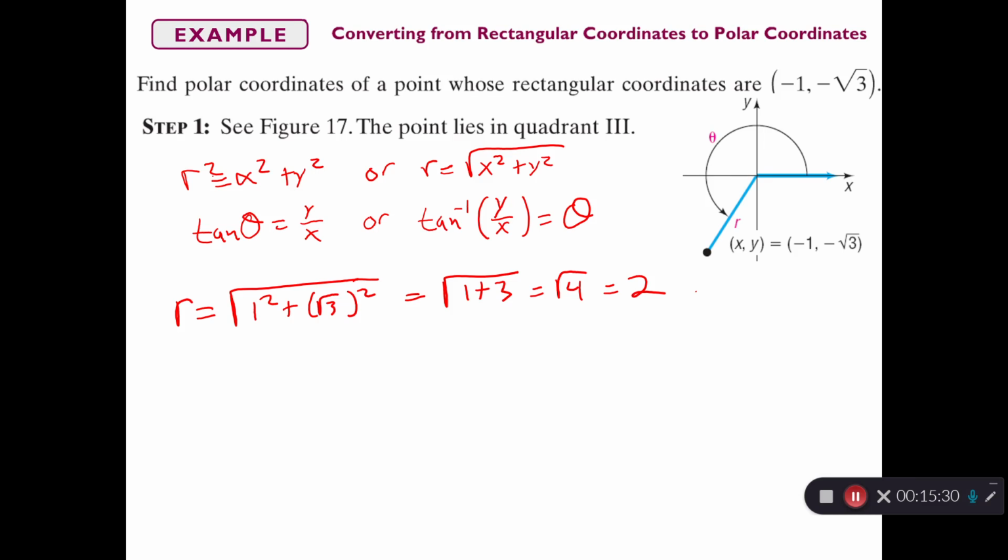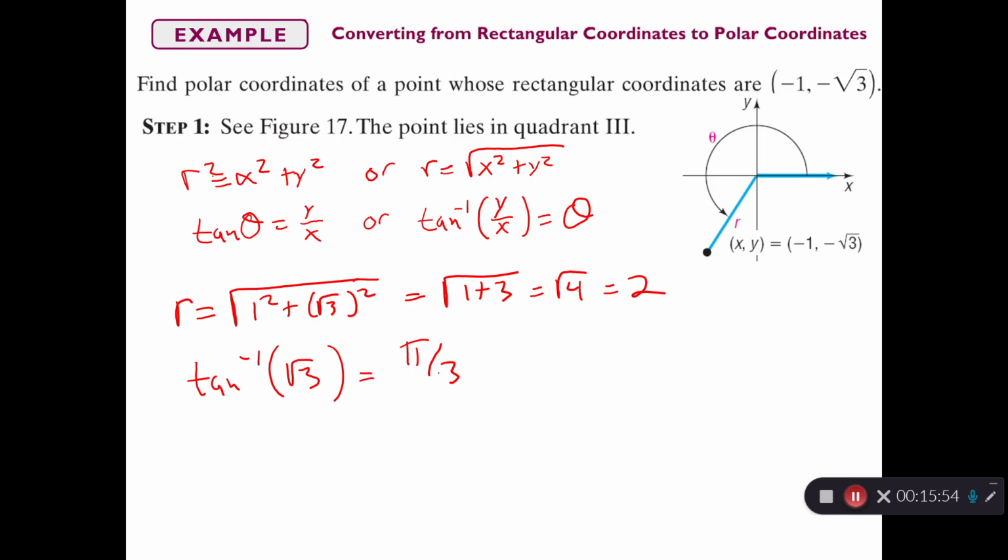And now we've got to look at our arctan of negative radical 3 over negative 1, which is just radical 3. And again, you need to know your unit circle, so that would equal pi over 3. So I have the answer of 2 comma pi over 3.